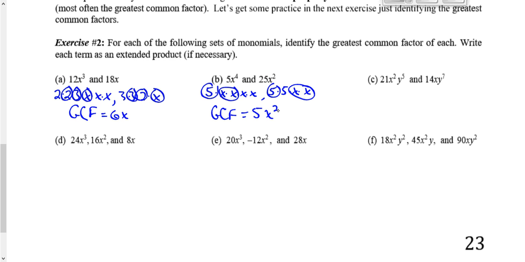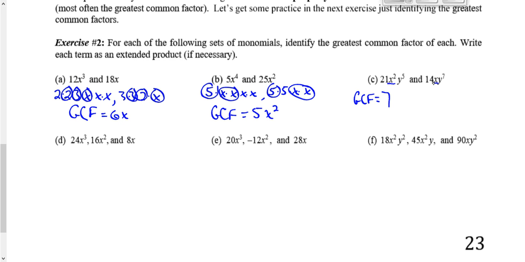Let's try part C. I don't want to bother breaking this up. So let's just write GCF equals. Let's start with the 21 and the 14. I don't want to even break it up. What's the greatest common factor? Okay, so 7. Now between the x squared and the x to the first, what's the greatest common factor there?